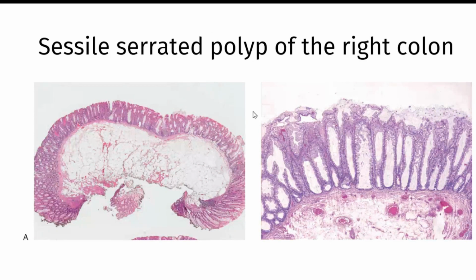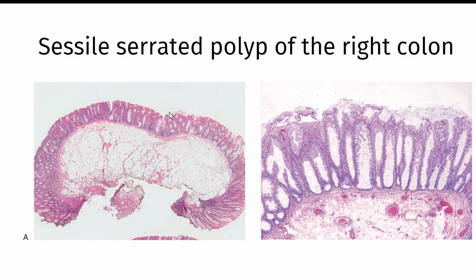Then we move to another topic. I think the right colon, because sessile serrated polyp is usually in the right colon. So only one feature is important for us to make the diagnosis. Of course, we also can have a serrated surface, just like hyperplastic polyp.